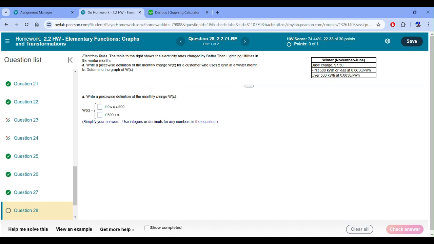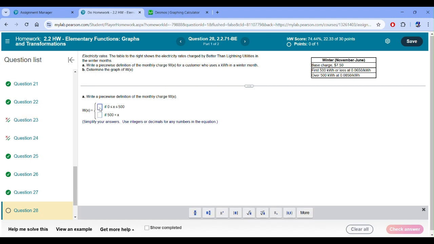Okay, electric rates. The table to the right shows the electricity rate. Write a piecewise function. If you use between the base charge and 500, it's going to be 750.